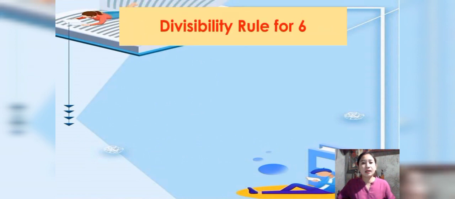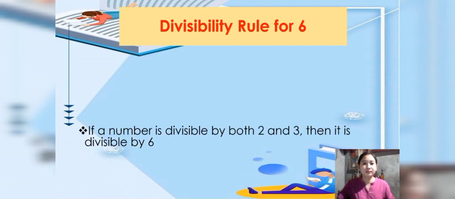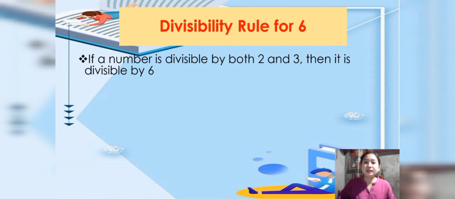Let us now discuss the divisibility rule for 6. If a number is divisible by both 2 and 3, then it is said to be divisible by 6.